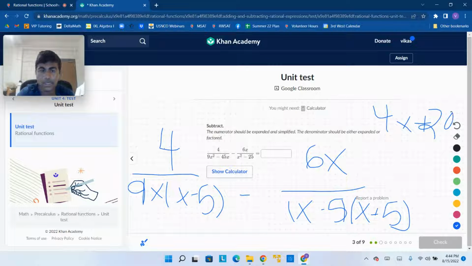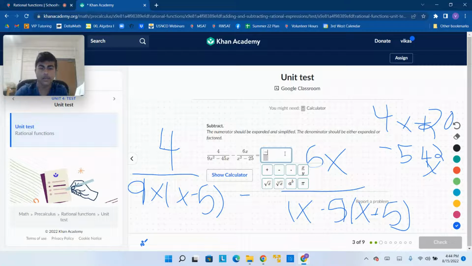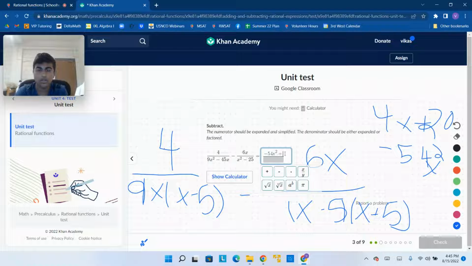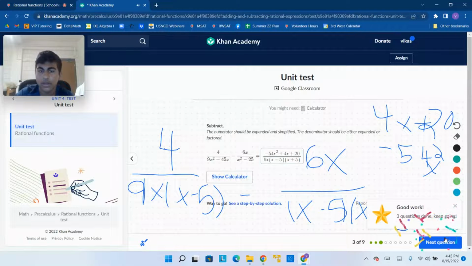The minus 6x times 9x is going to give us negative 54x squared. So we're going to end up with negative 54x squared plus 4x plus 20. That is going to be the numerator, and the denominator is going to be 9x times x minus 5 times x plus 5. And let's keep going.